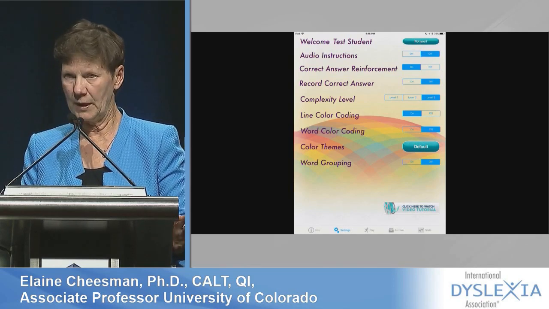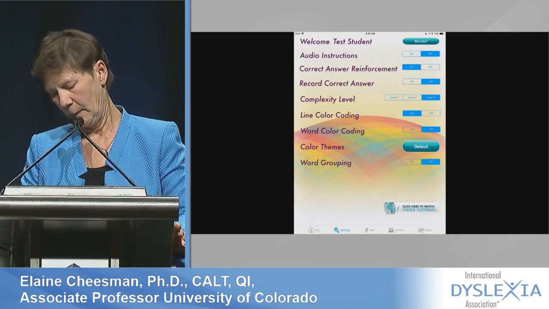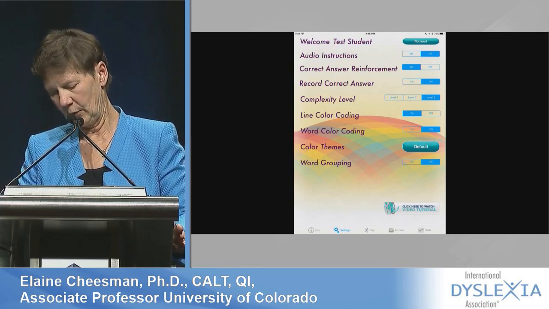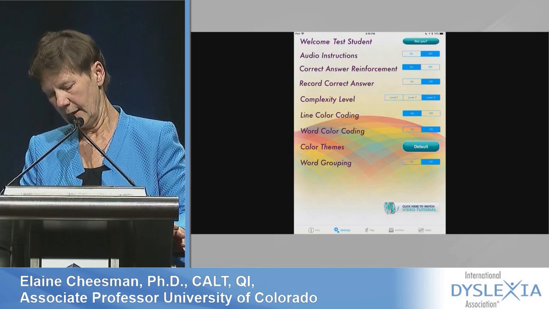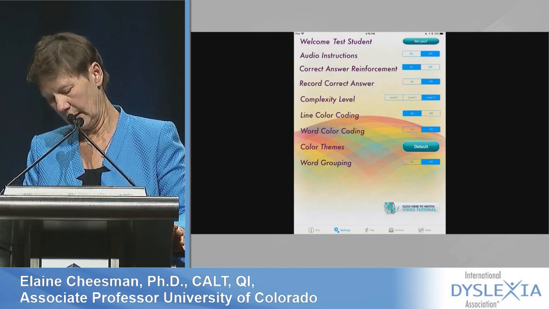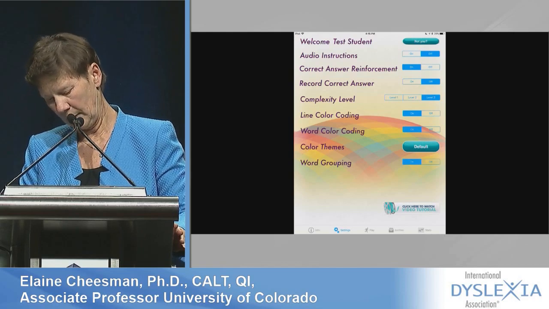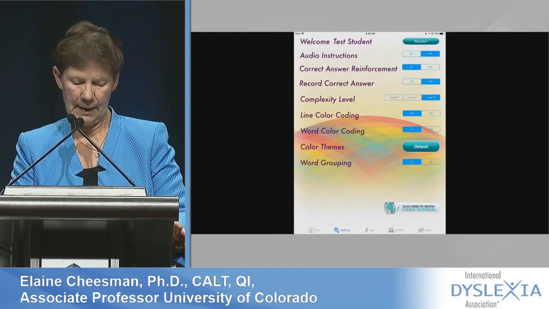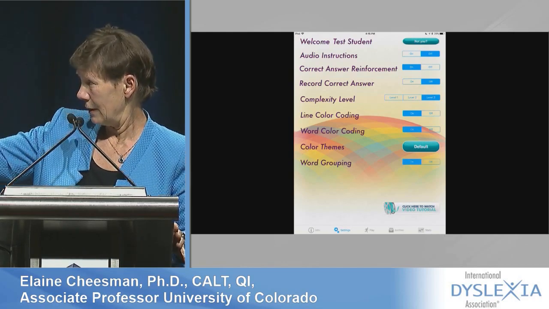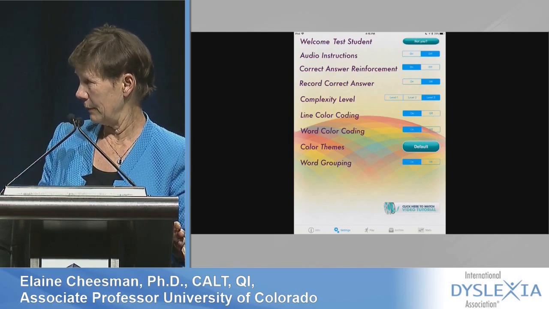I'm going to turn that off because you can actually read it. The complexity level, I'll put it at 3 for now. Line color coding on, word color coding, I'm going to put that on too. And word grouping, I'm going to start by putting that on.